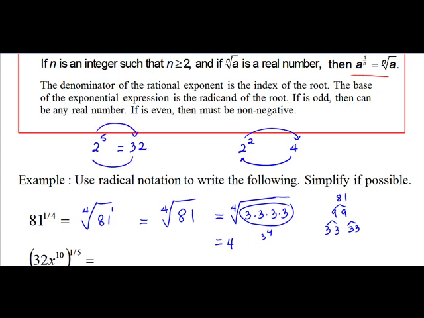But when you go backward, the 5th root of 32 is 2. So let me write it down here. From here to here, you have a square, and when you go backward, you have a square root. From here to here, you do the 5th power, and go back with the 5th root.